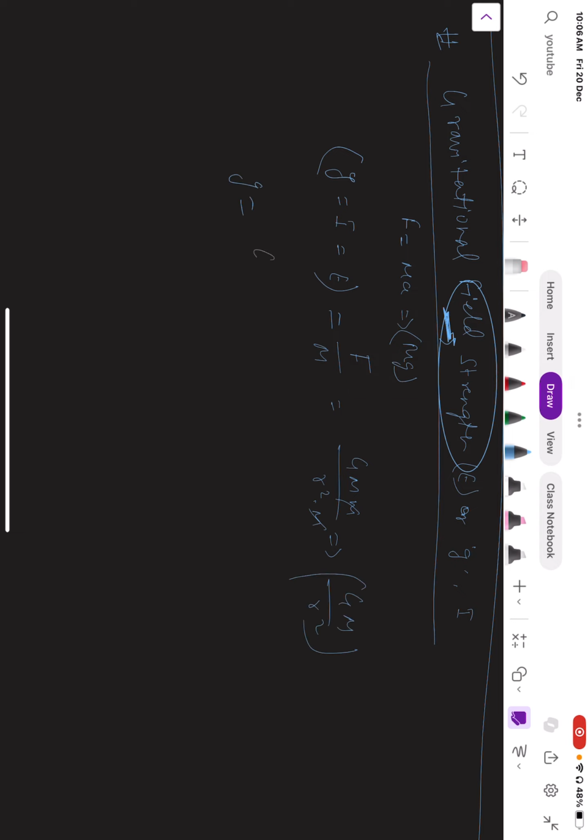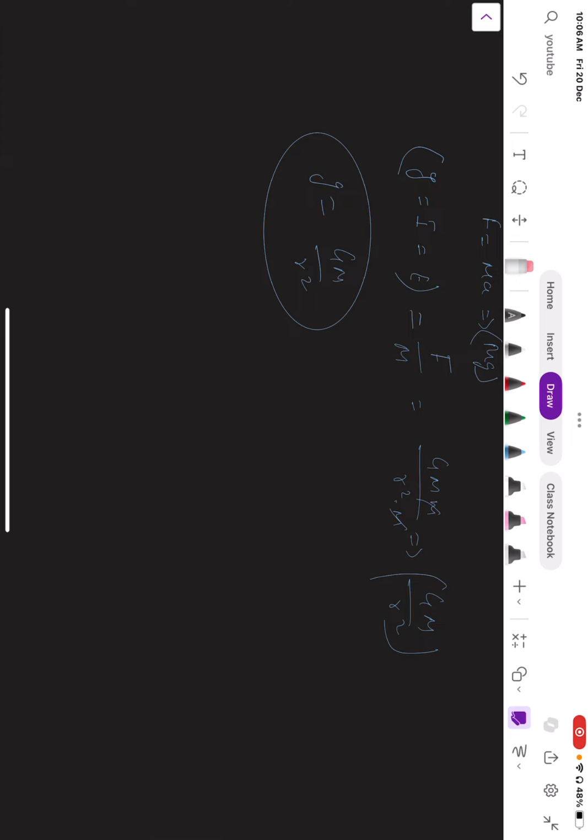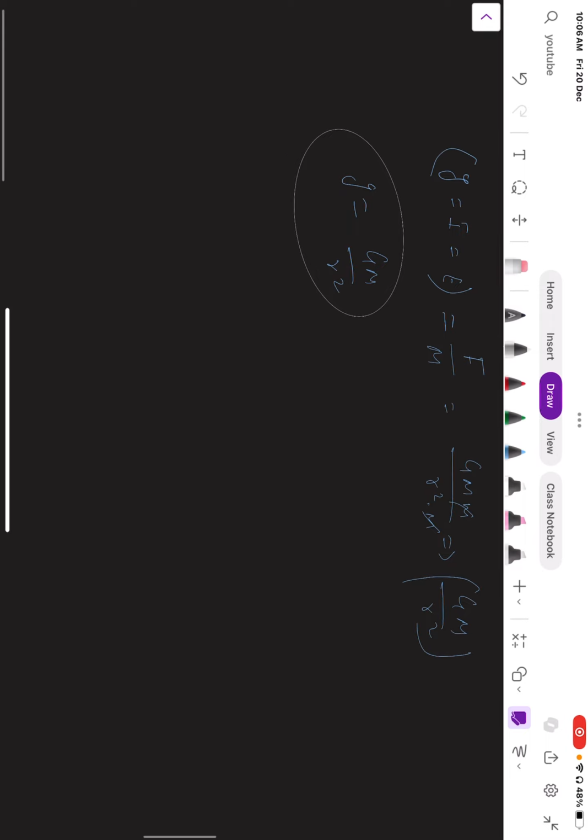The formula will be the same. So g is equal to how much? G M by r square. The strength of the gravity field is given by this. And the direction of the field: if you write E, it is equal to G M by r square.